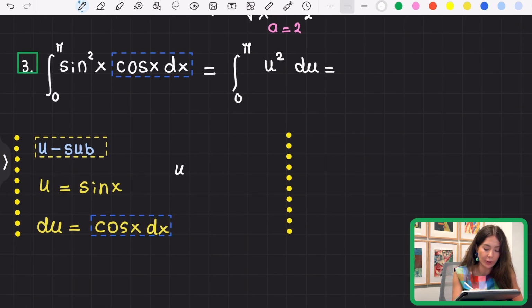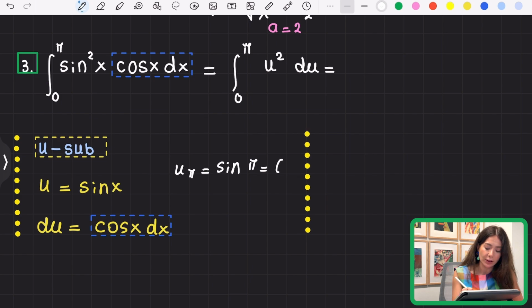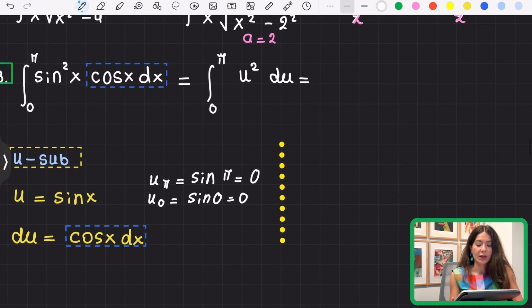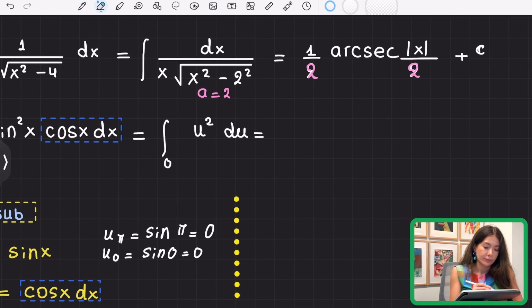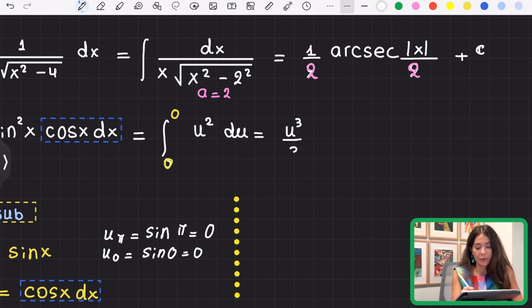You're going to have a number. So for the upper bound, u of pi, wherever you see x you put the upper bound, and that's 0, right? And then the lower bound, that's 0 as well. So now you take this integral, it's u cubed over 3.